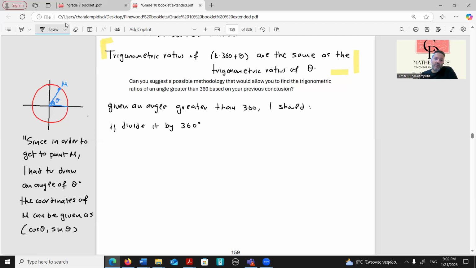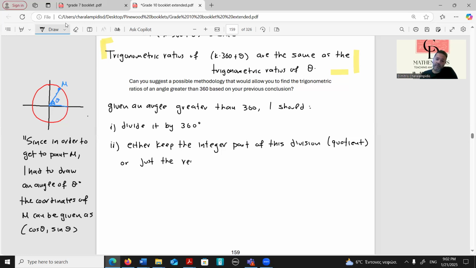If we divide that, we either keep the integer part of this division, which is basically the quotient in our division, or just the remainder.